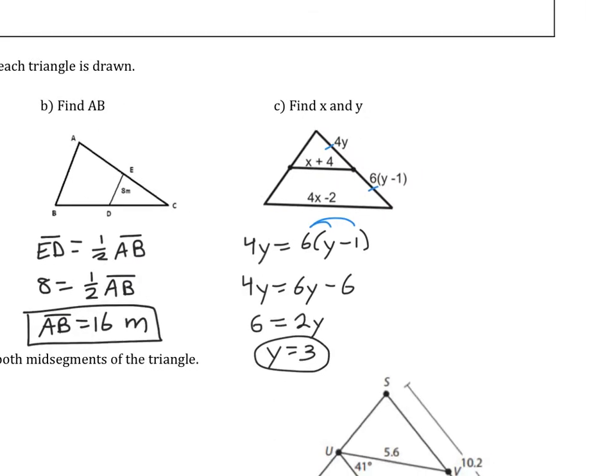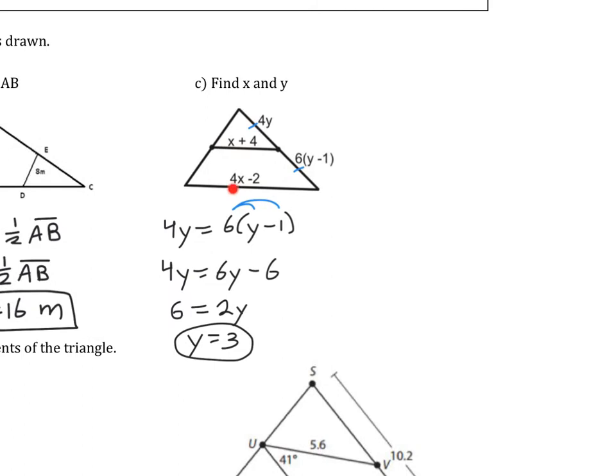Okay, now to find x, we can use our triangle midsegment theorem, and we know that our midsegment, which in this case is represented by the length x plus 4, is always half the length of your third side. So x plus 4 equals 1/2 times (4x minus 2). So again, the rest is just solving a linear equation, so I'm going to distribute.